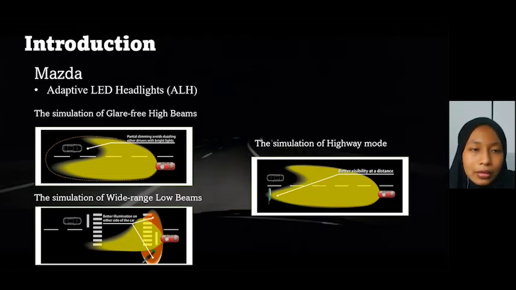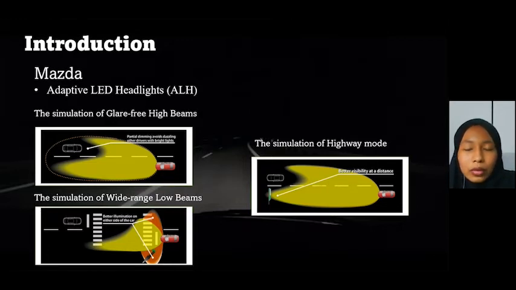Based on this slide, there are three systems that we show. Firstly, the simulation of glare-free high beam, secondly the simulation of wide-range low beam, and lastly the simulation of highway mode. These three simulations have the same aim, which is to automatically adjust the intensity of light, but in different ways.